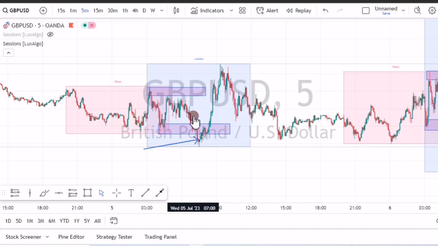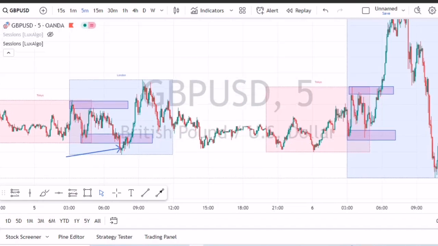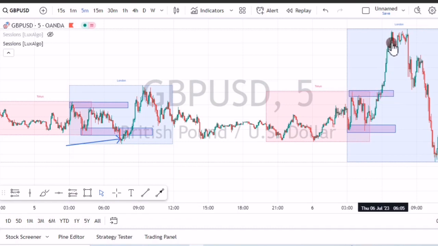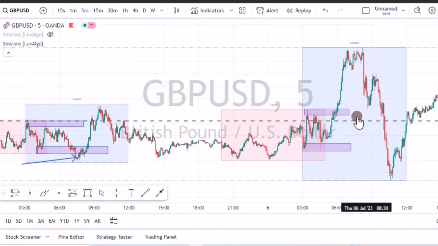Make it very tight, because if price is to move in your direction, it doesn't hesitate, it just goes straight. So if you have your stop loss here, okay, for the buy trade, if you have your stop loss here, price just goes into your direction.